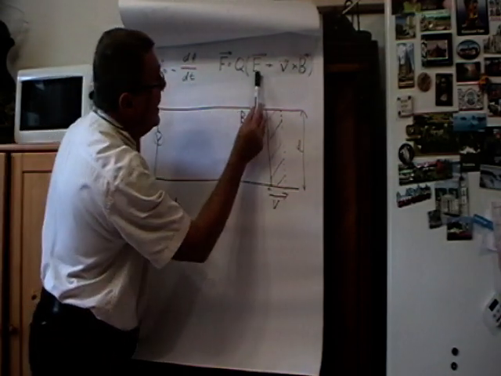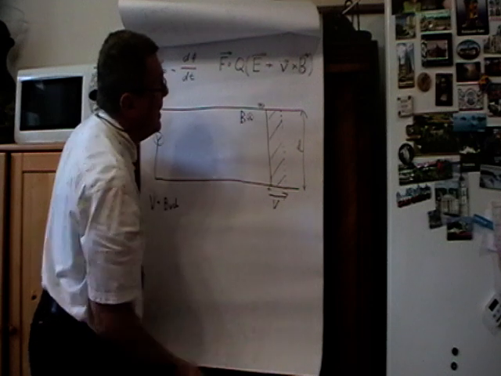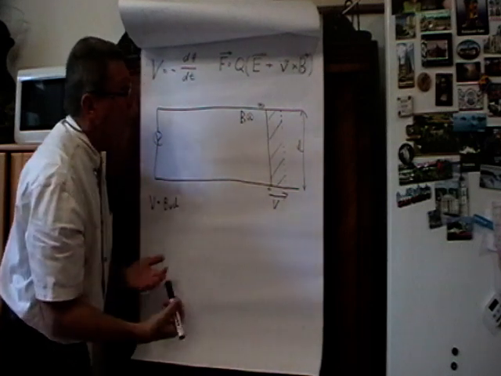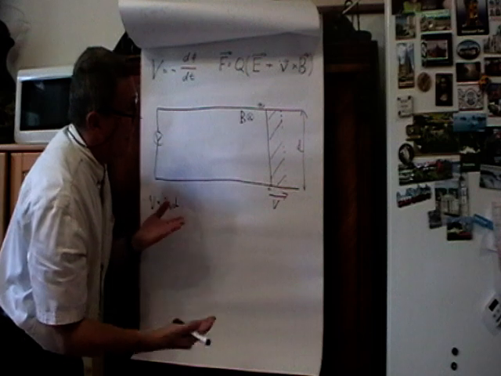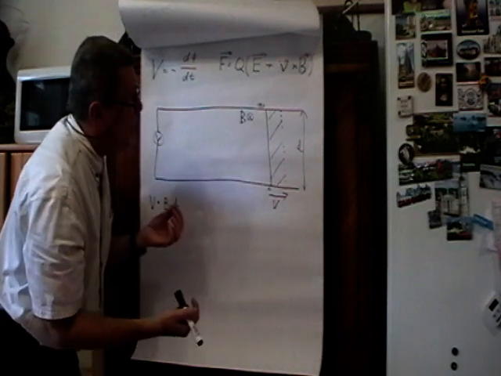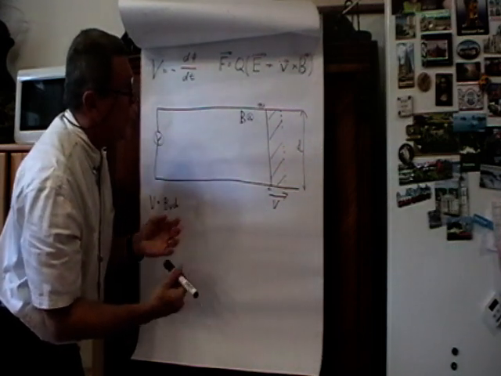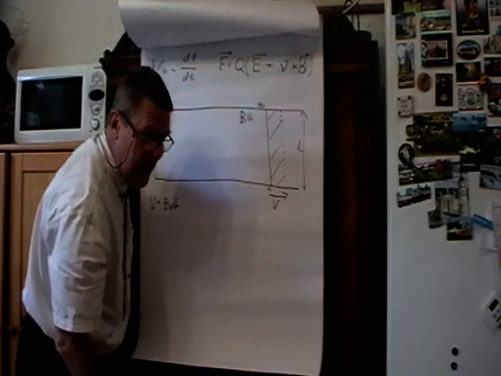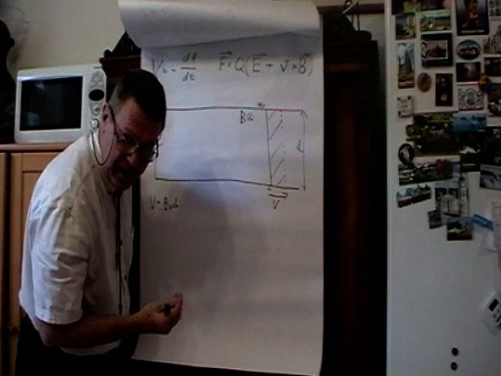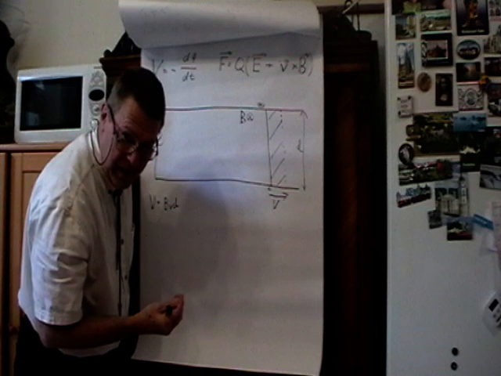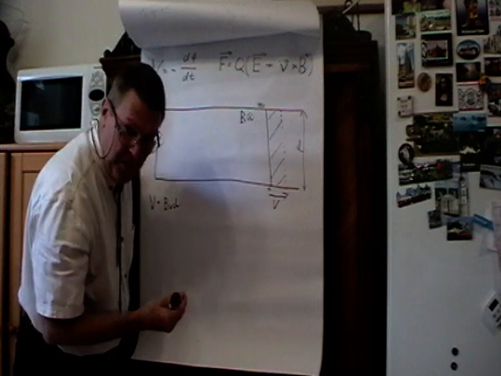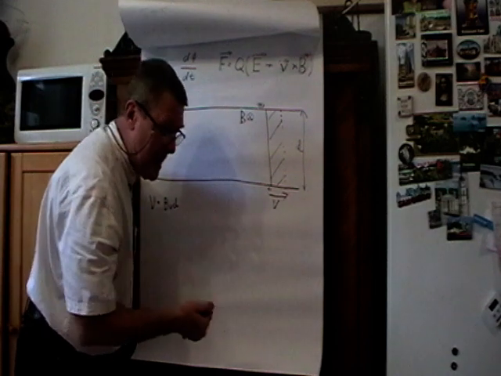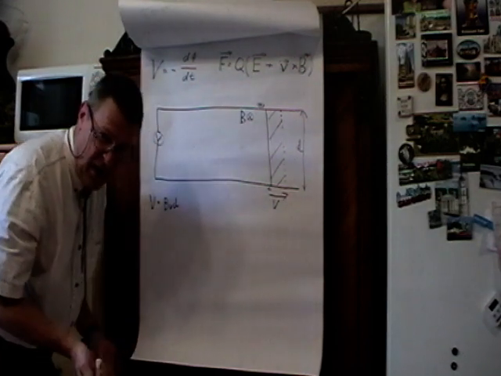So we would have to understand that at any time there must be an equilibrium, which would tell us that the E and V times B are equivalent. They have the same size but different direction.